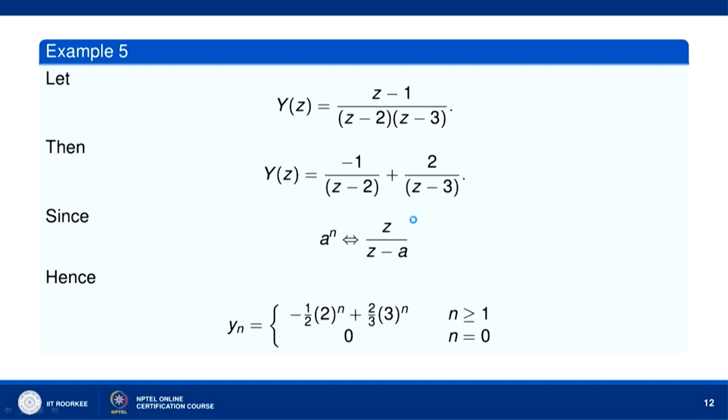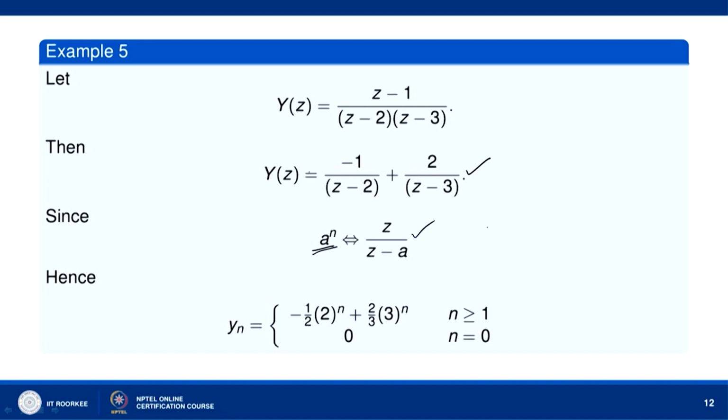Now, let us say for example, X z equal to z minus 1 over z minus 2 z minus 3. When you break it into partial fractions, you get X z equal to minus 1 over z minus 2 plus 2 over z minus 3, and you know that a to the power n goes to z over z minus a when we take the Z transform. Okay.